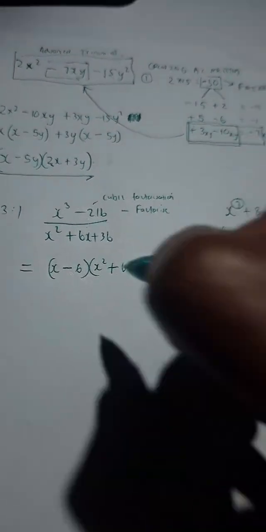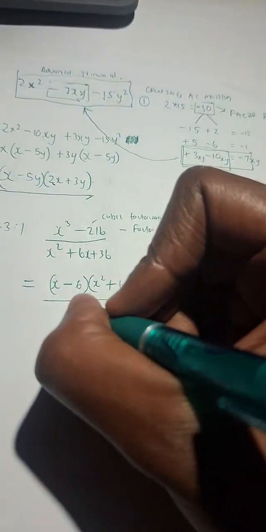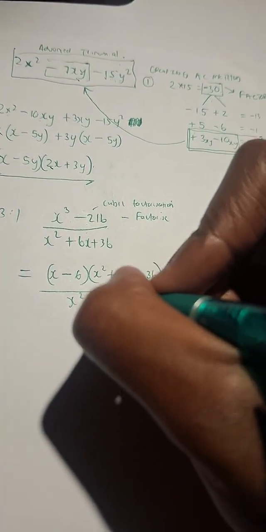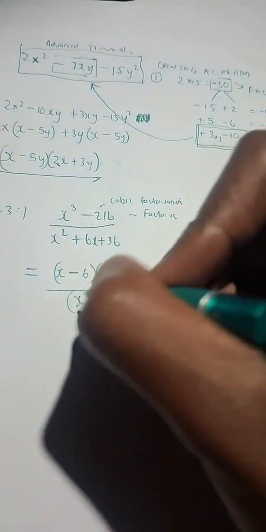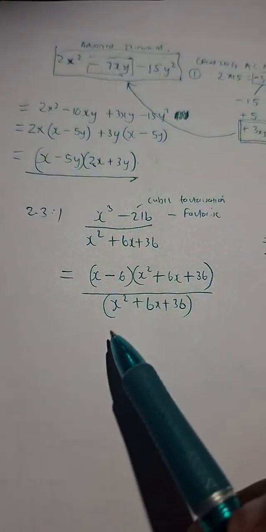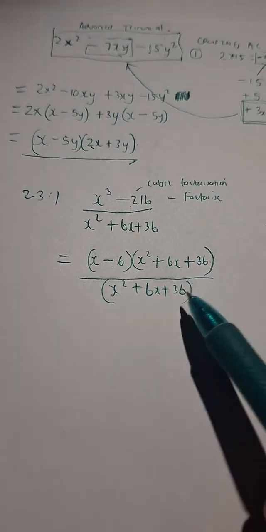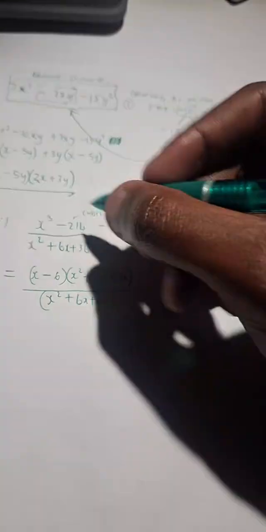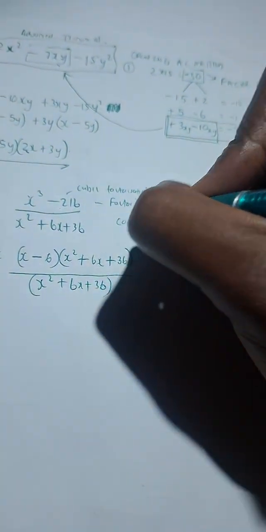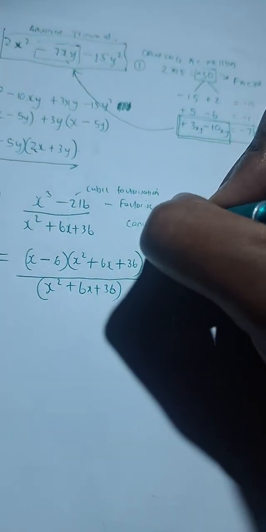It is 6x. But take note in the denominator. And you know what? I'm going to put the brackets around the denominator. Now, like I said, we factorize, then we cancel what's common, top and bottom.